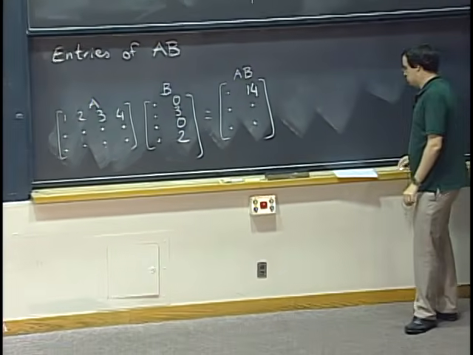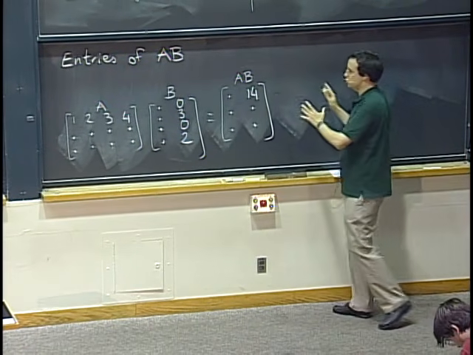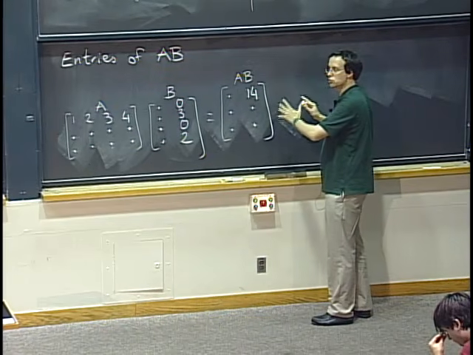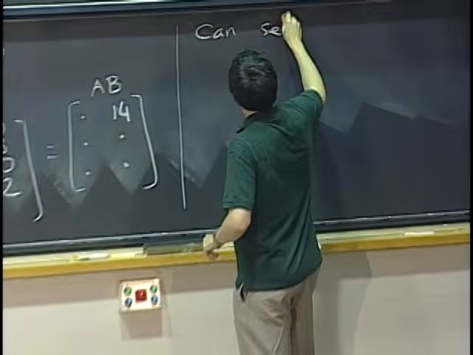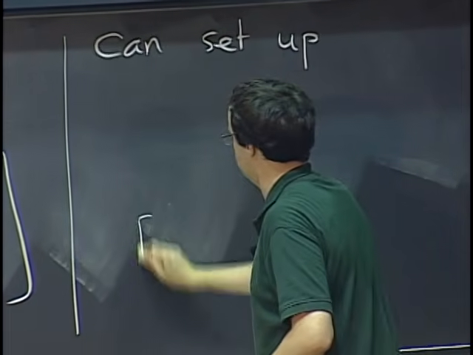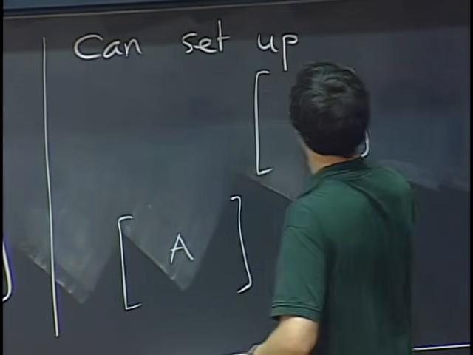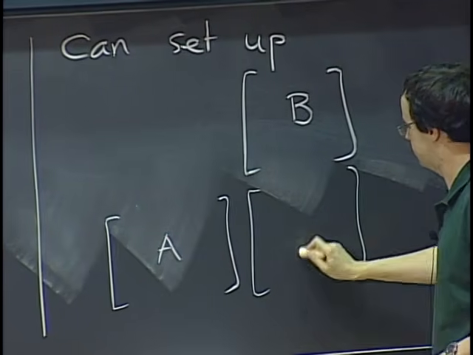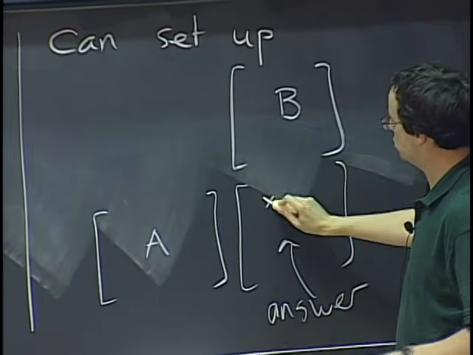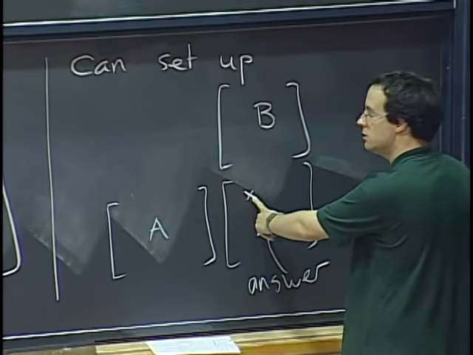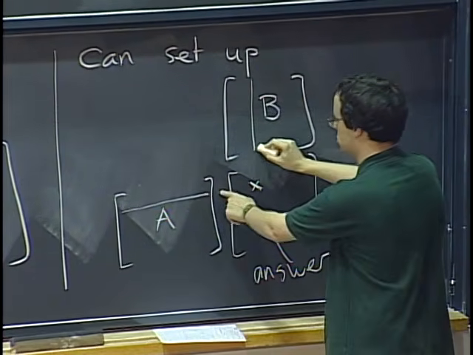Okay? So in fact, let me tell you about another way to set it up so that you remember more easily what goes where. One way that you can set it up is you can put A here. You can put B up here. And then you will get the answer here. And if you want to find what goes in a given slot here, then you just look to its left, and you look above it, and you do the dot product between these.